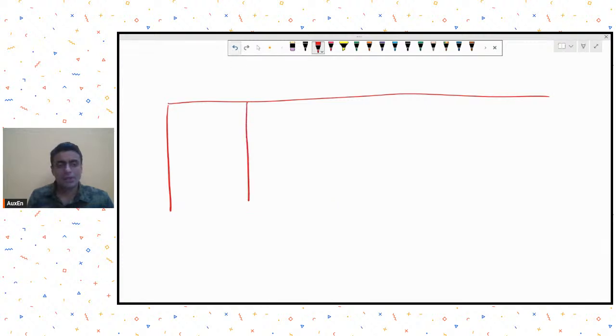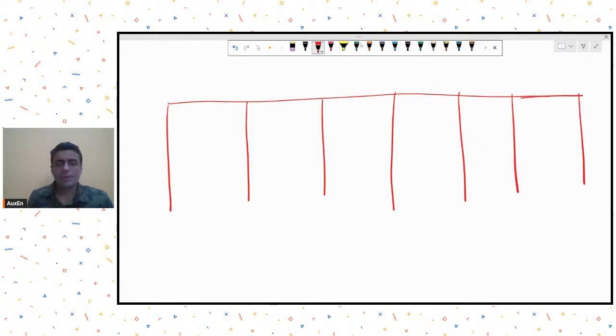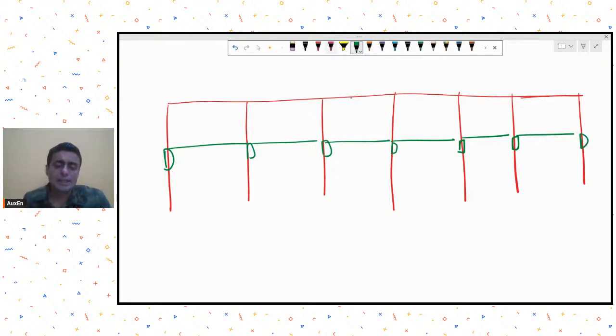Let us say these are the columns. The top is, let's say, any roofing system. The green rectangles that you see are the crane brackets taken from the column, and the green horizontal lines are the position where you have put the gantry girder.